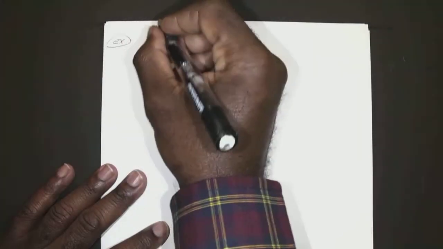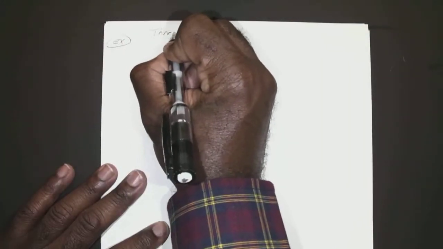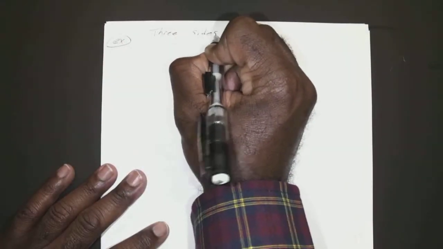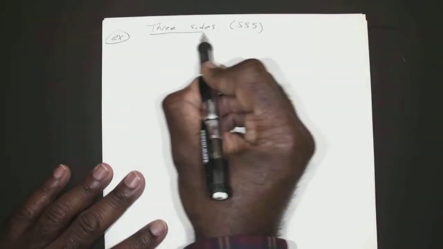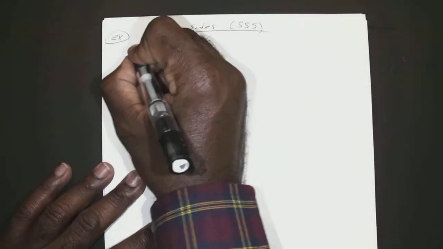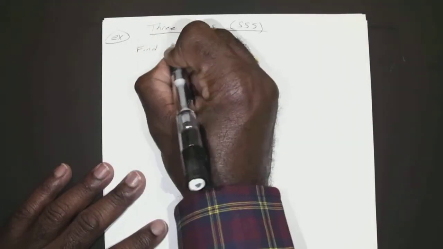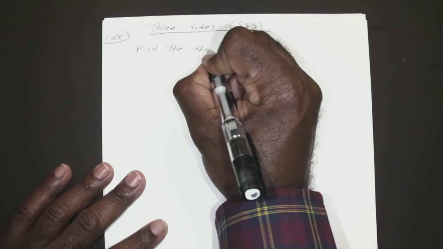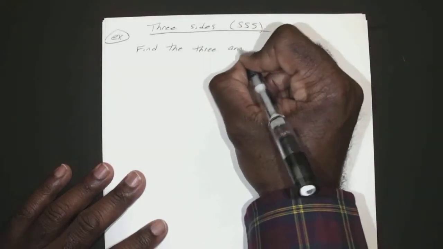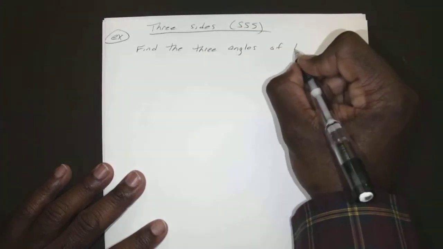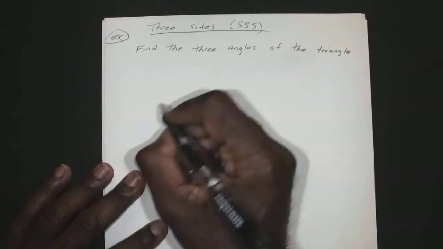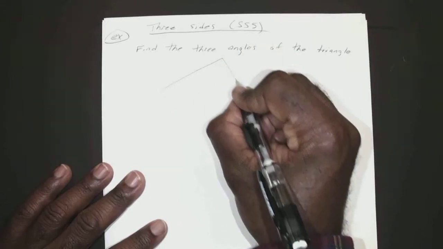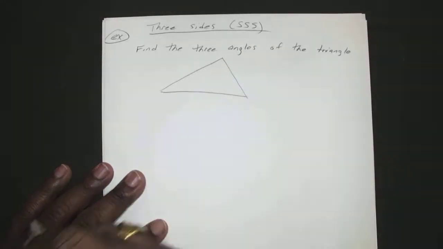Okay, so let's say, for example, if you have three sides, which is just SSS. Okay, let's say we want to find the three angles of the triangle. And let's say we draw out our triangle.